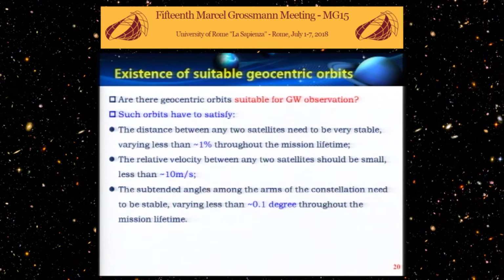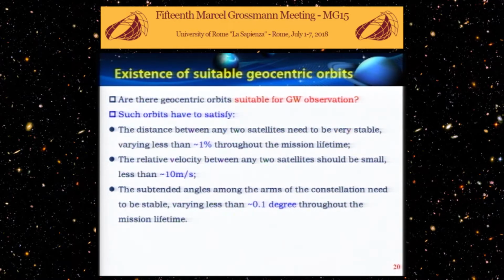So the question we worry about is the existence of a suitable geocentric orbit. At this height, is it possible to find such an orbit that satisfies three crucial conditions? The first is that the distance change is very small.